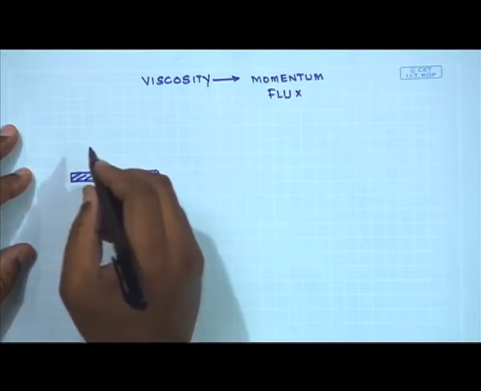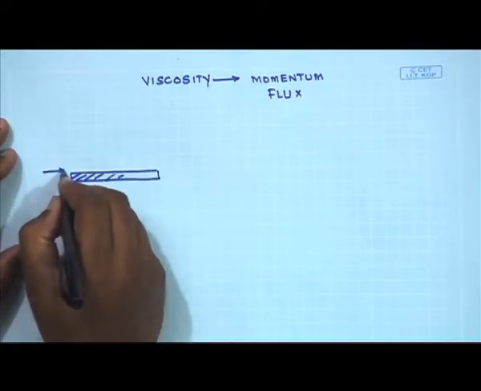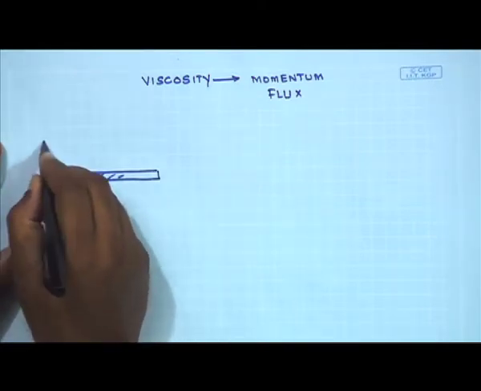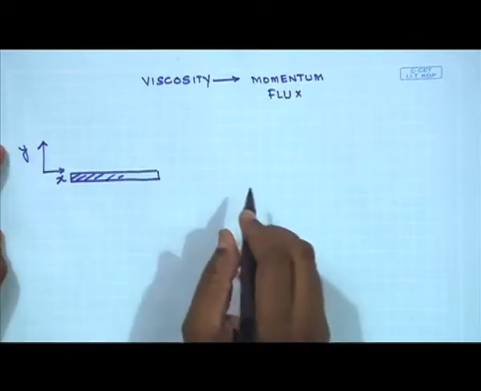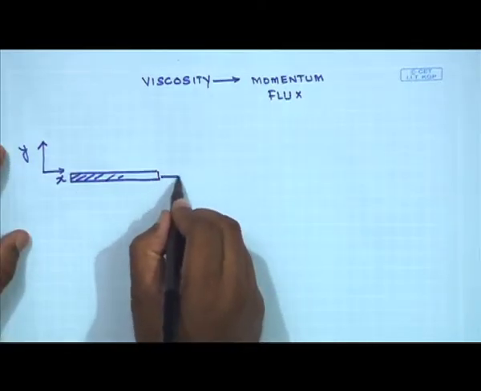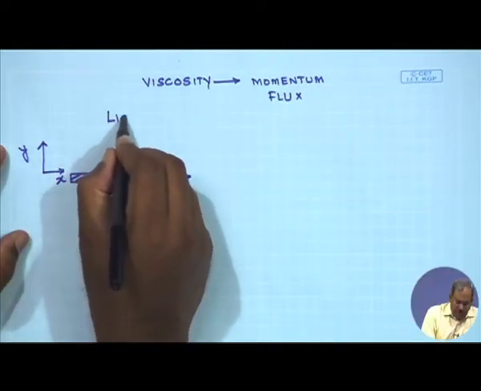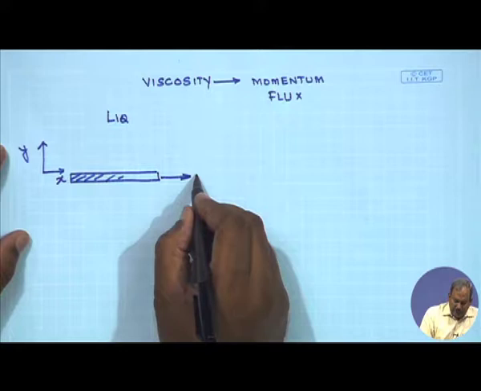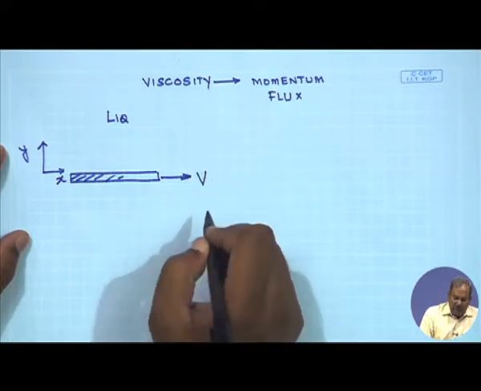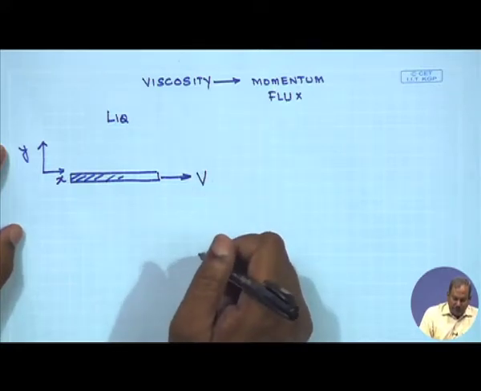This is my x direction and perpendicular to this is the y direction. Let us say I have a liquid on top of the plate, and the solid plate is moving with a velocity v.